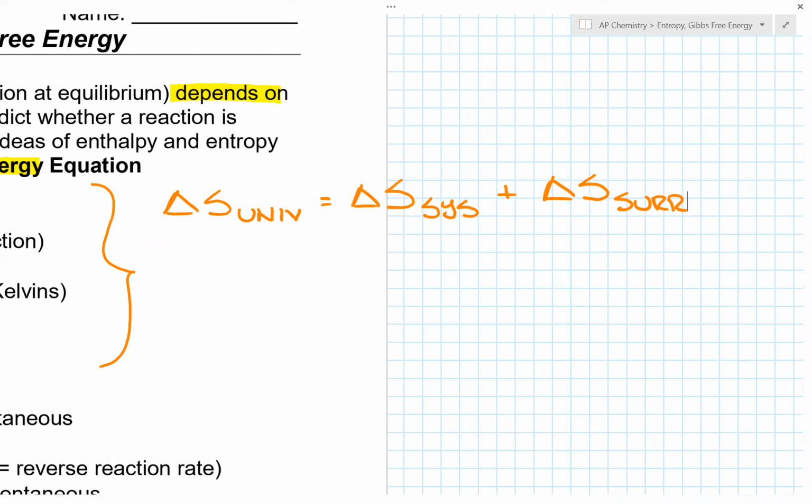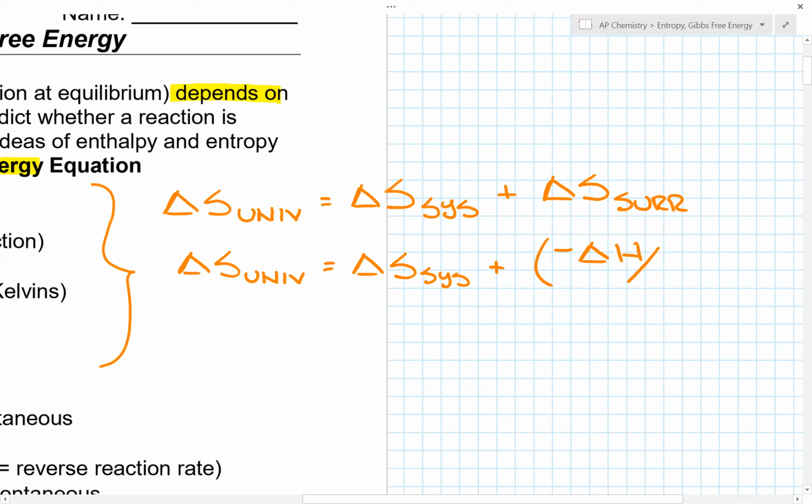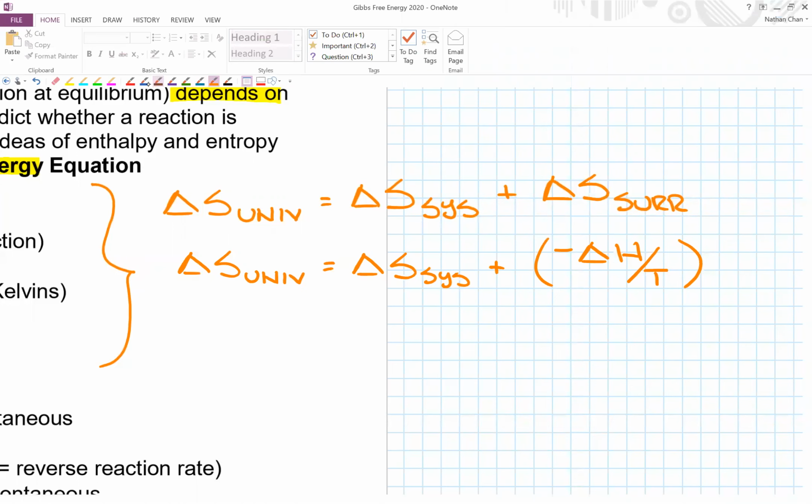So how does it relate to delta G? We can rewrite delta S of the universe as delta S of the system plus negative delta H over T. Remember, you learned that delta S of the surroundings is just negative delta H divided by T.